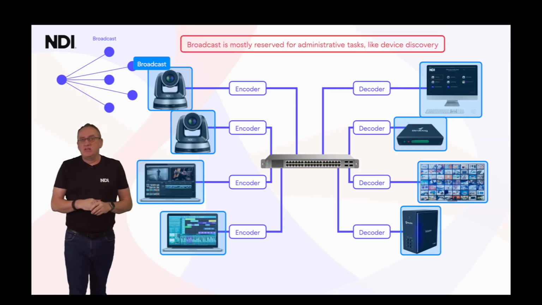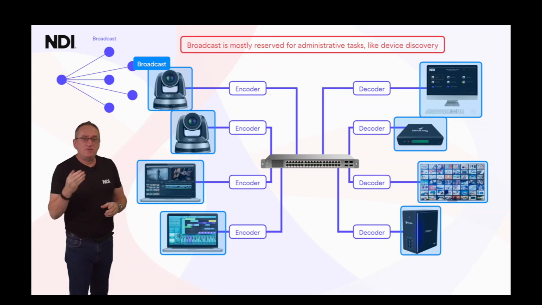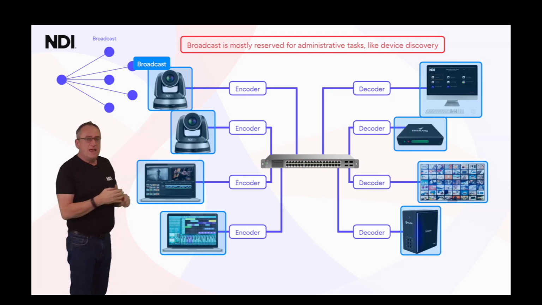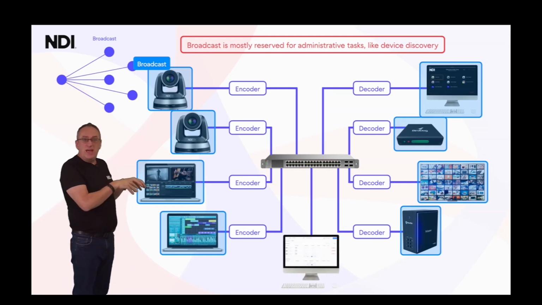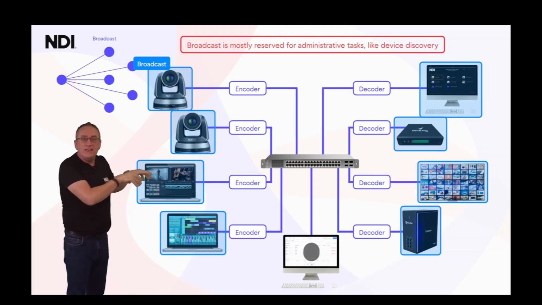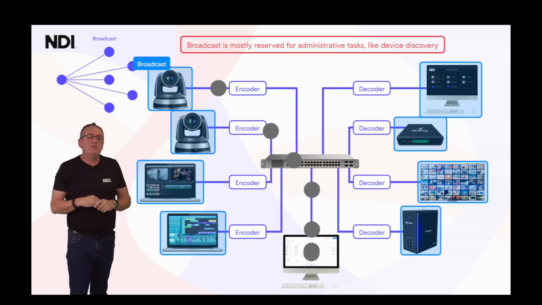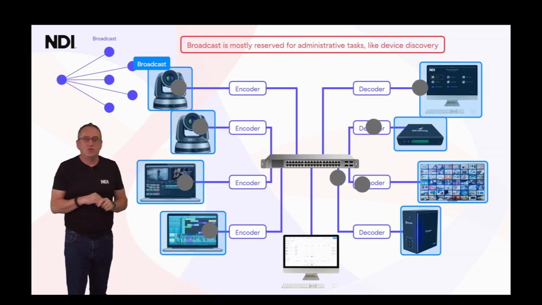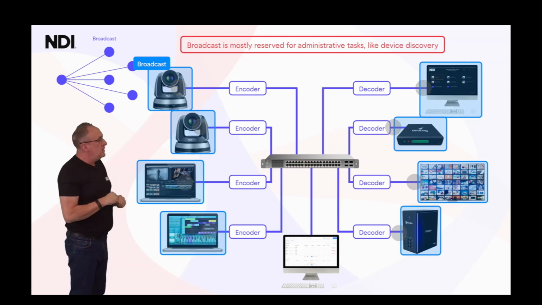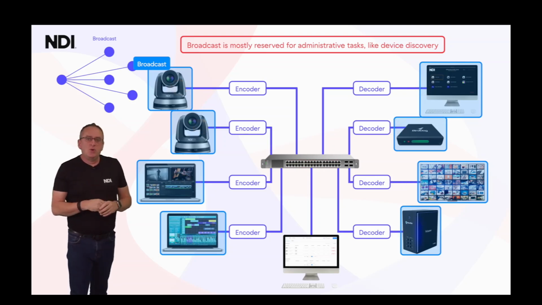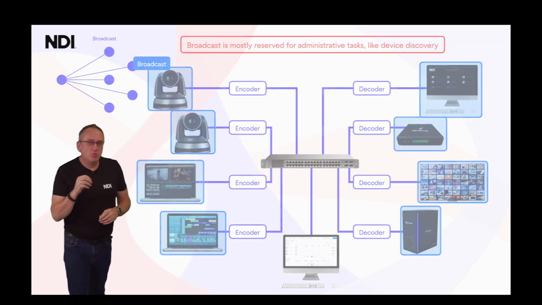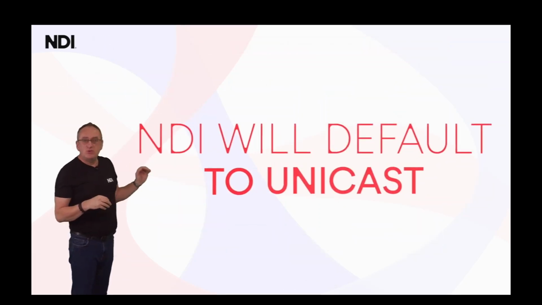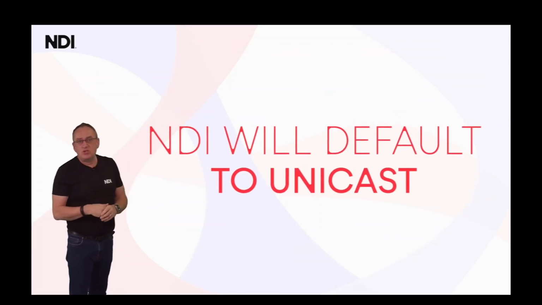Broadcast is mostly reserved for administrative tasks like device discovery, for example. When an AV controller is added to a network, it will broadcast tiny discovery packets to identify any AV endpoint devices which are online. So, while NDI is quite happy to stream using multicast when requested, it will default to unicasting because products unicast by default.